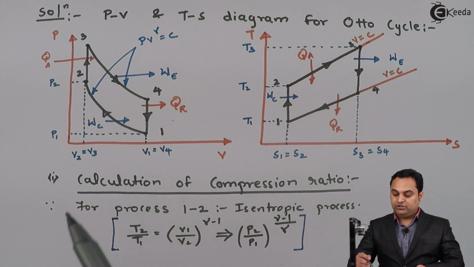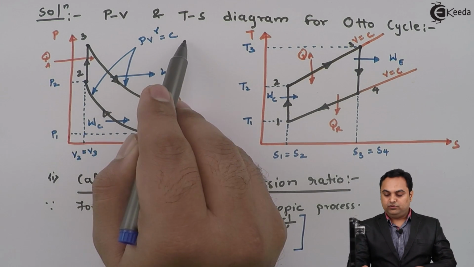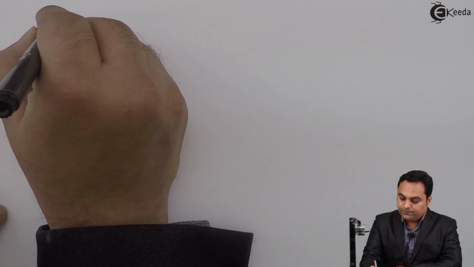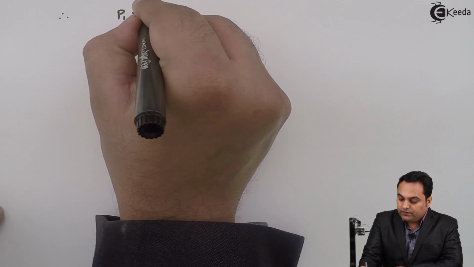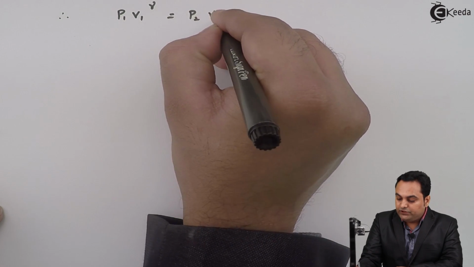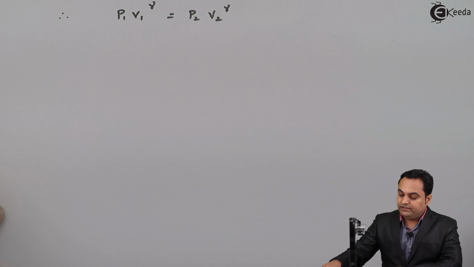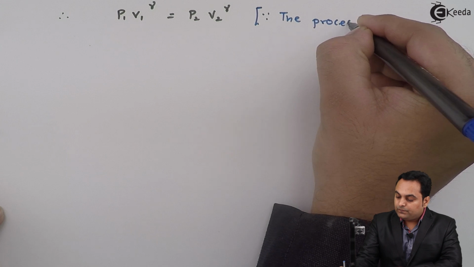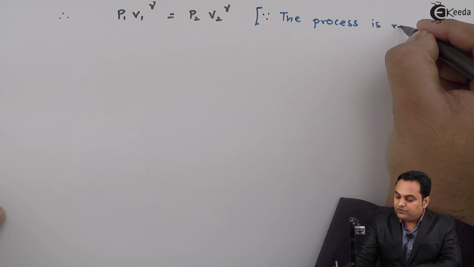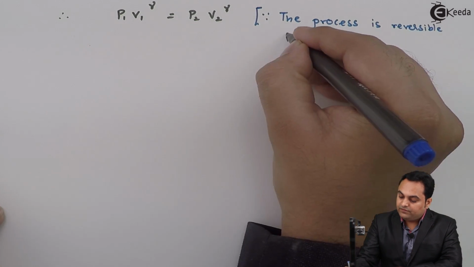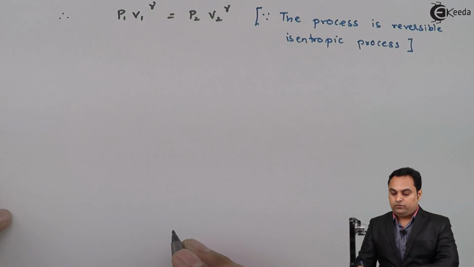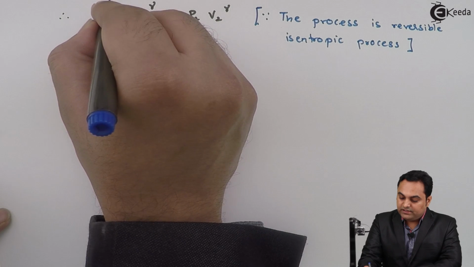Now I'll write one more relation, which is related to PV raised to gamma is equal to constant for states 1 and 2. Therefore P1 V1 raised to gamma is equal to P2 V2 raised to gamma. We are writing this since the process is a reversible isentropic process. So now I'll utilize this relation.